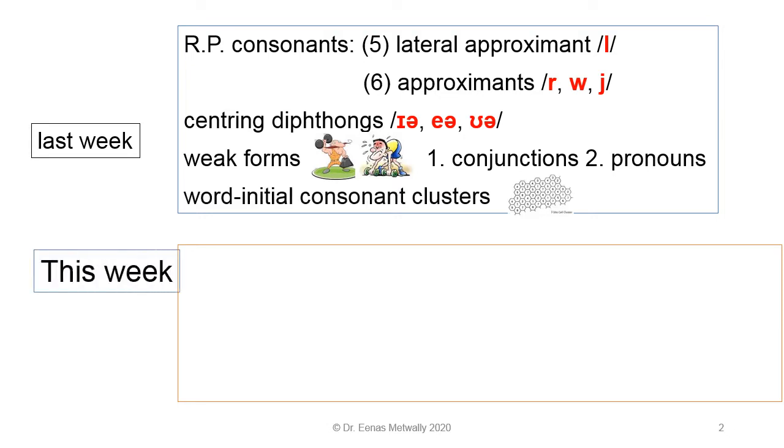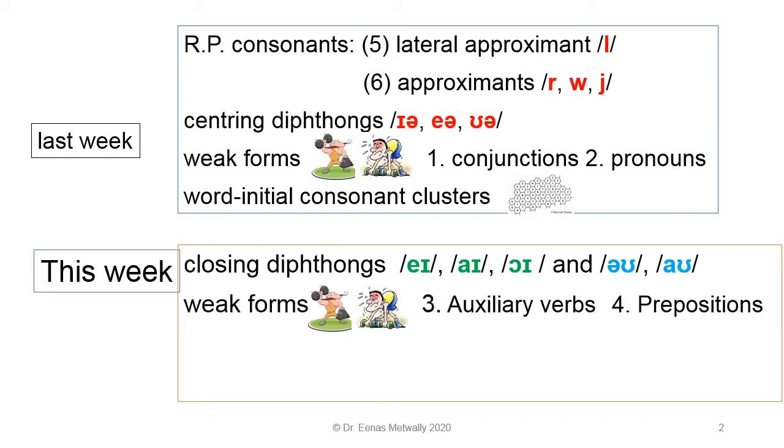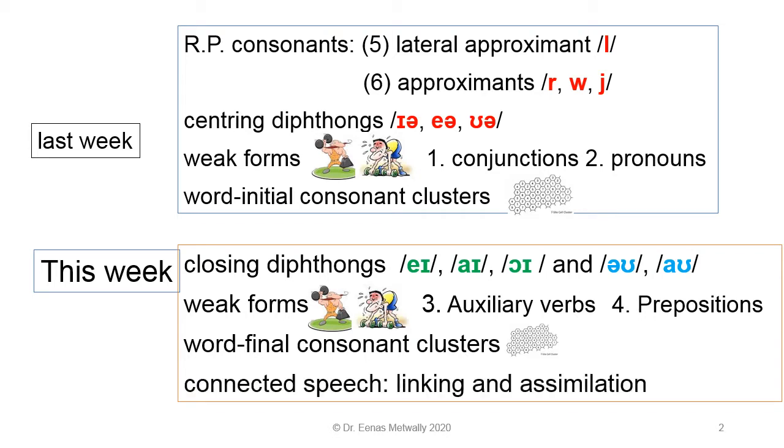This week we're going to learn the 5 closing diphthongs a, I, oi, and o and ow. We're also going to learn the weak forms of auxiliary verbs and prepositions, word final consonant clusters, and 2 features of connected speech or rapid speech, linking and assimilation.